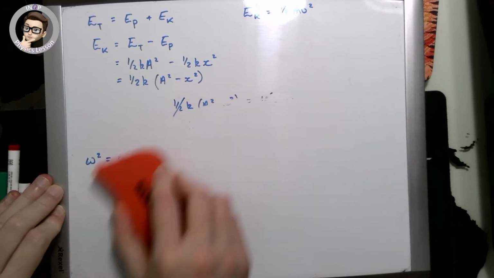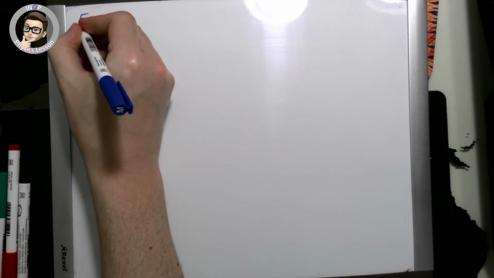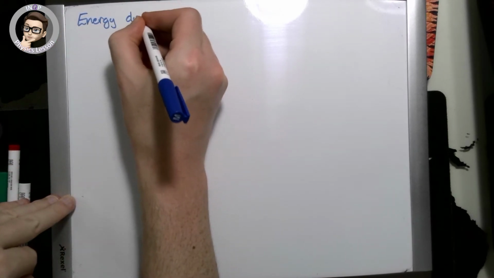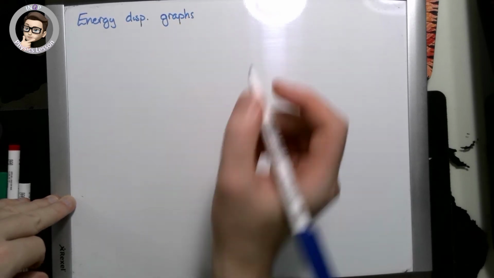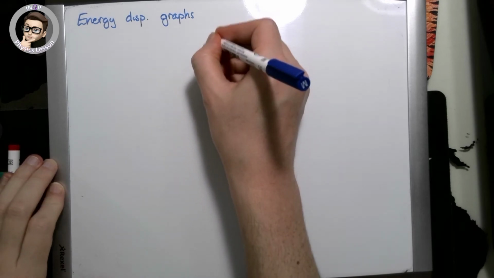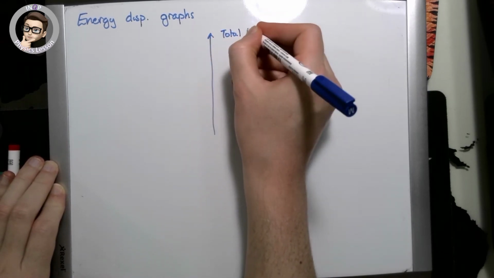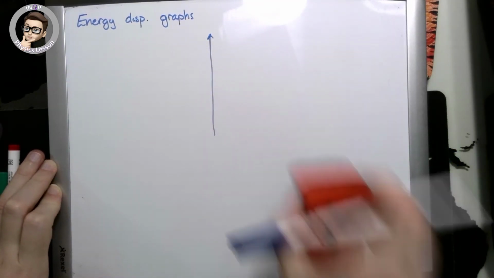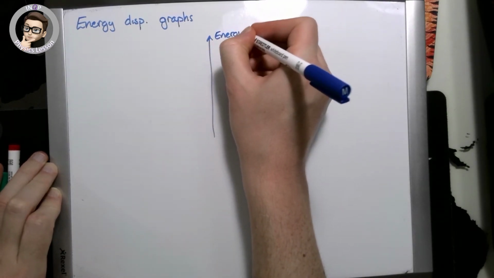So let's now go a step further and let's think about what these graphs would look like. So, energy displacement graphs. Along the y-axis, we're going to have energy. My apologies, we're not going to have total energy, we're going to have energy.